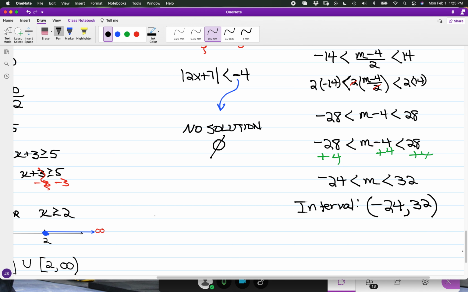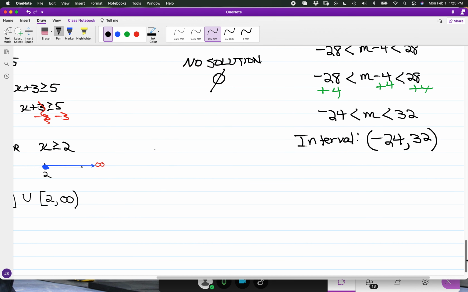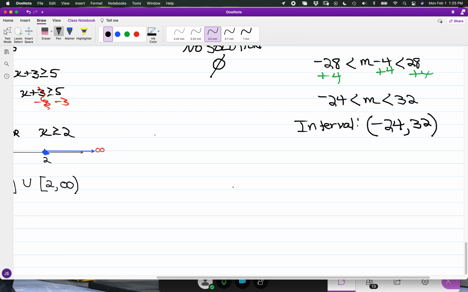All right, and in looking at solving absolute value inequalities for determining the interval solutions, I'm going to keep pretty much the same terms, just a couple to work with here.